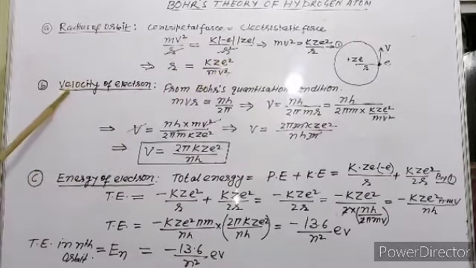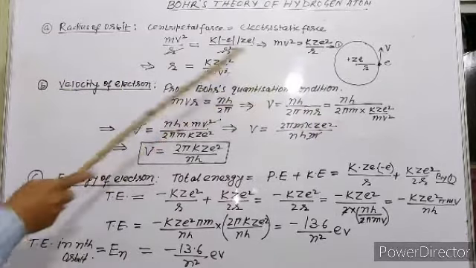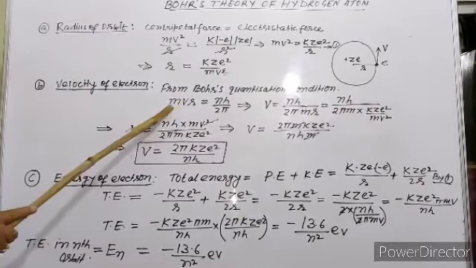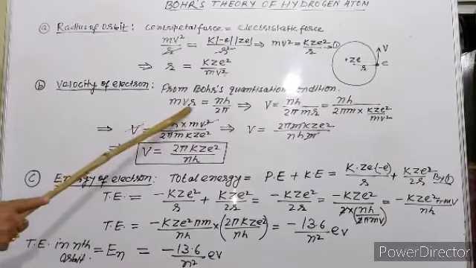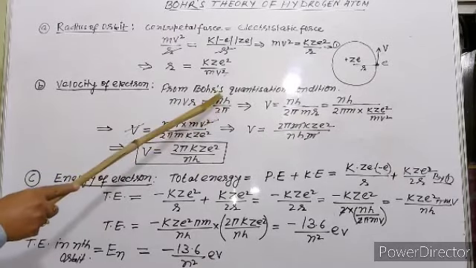Similarly, we can find the velocity of electron from Bohr's quantization condition, means second postulate of Bohr. Angular momentum, mvr is the angular momentum, is equal to nh by 2 pi, where n is the principal quantum number.